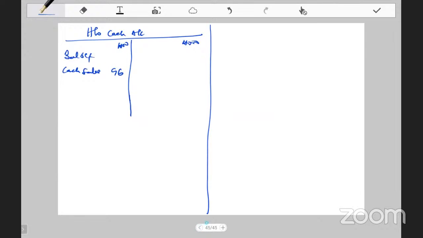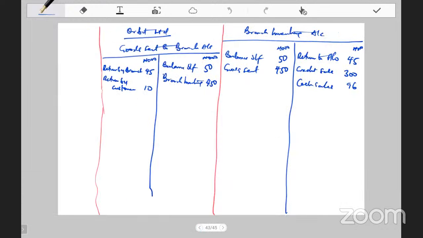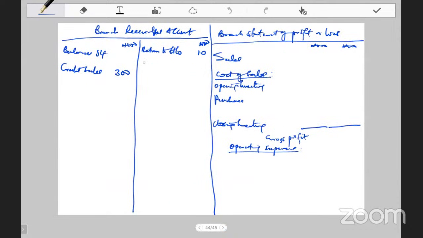Next item that I have is authorized allowance of selling price. So I have my allowance of selling price, which is 4. The next item I have is goods returned to branch by branch customer. So the customer is returning to the branch.